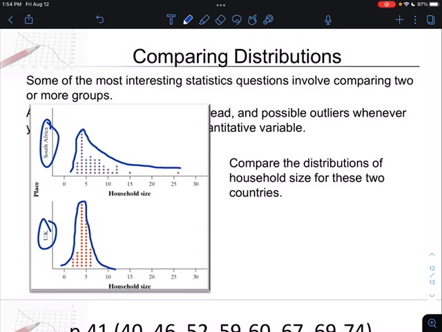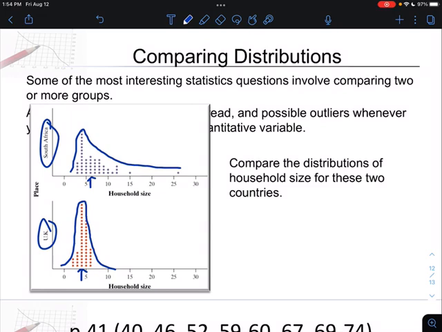If we talk about centers, the center of the UK distribution would probably be right about 4. So the average household size would be about 4. Whereas in the South African distribution, it's probably closer to about 6. So the average household size is a little bit different between the two countries.